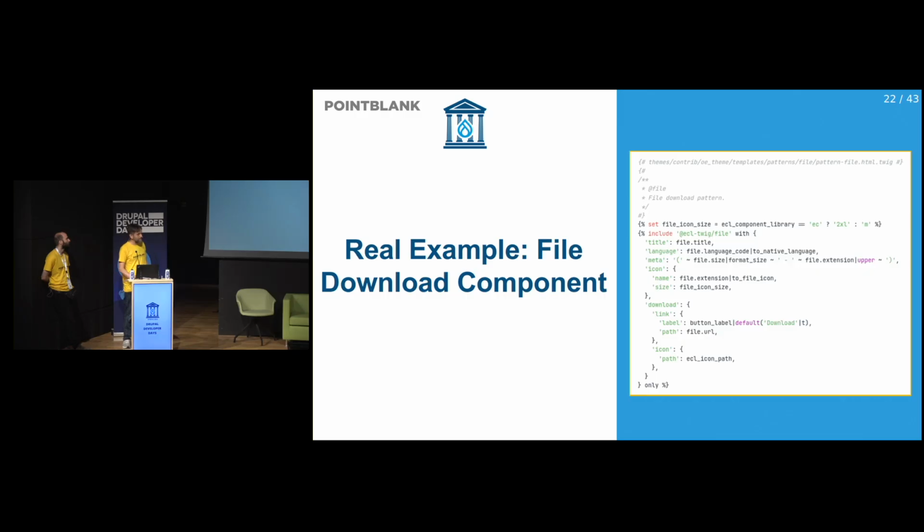This is a real example from OE theme. It demonstrates several patterns at once. The brand-aware rendering at the top. The icon size difference between EC and EU, set conditionally using the ECL component library. And then we see the data transformation. Drupal's file data reshaped into the nested structure ECL expects.